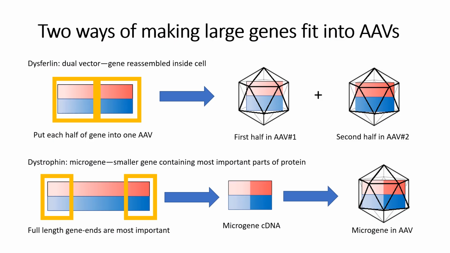One way is you can divide the gene into two halves, put each half in a different AAV, inject the person with both of the AAVs, and then the two halves of the gene have a little bit of an overlap, which not always, but some of the time, lets the cell reassemble the DNA and have the complete gene to make the protein.